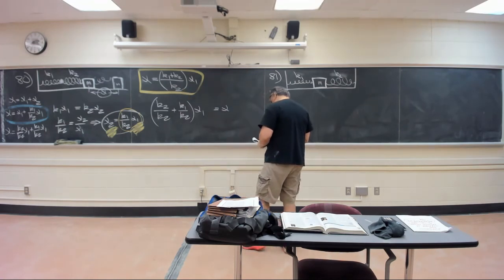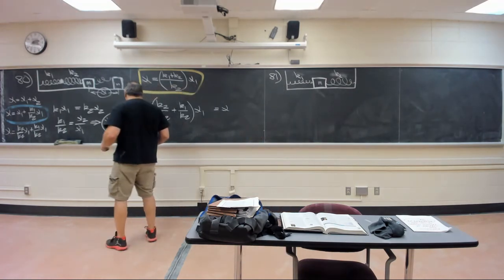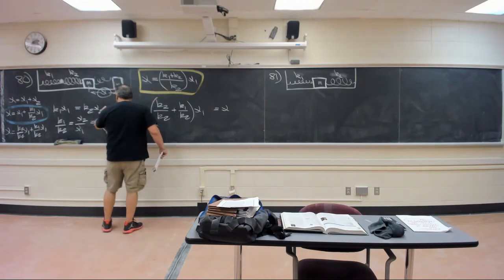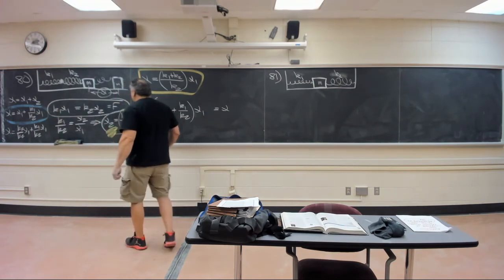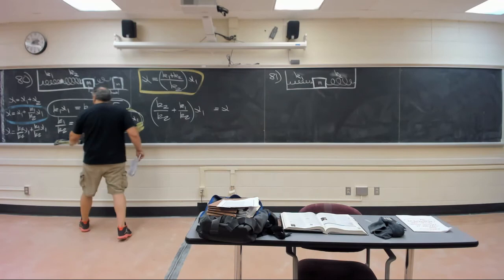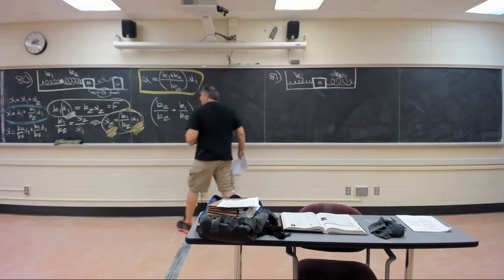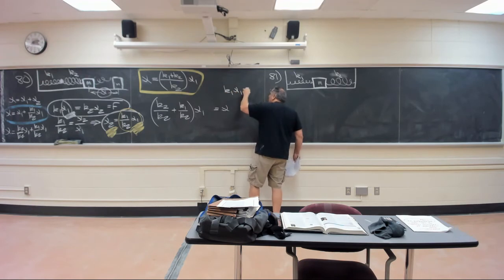Okay, let's go further. The force F, look, both of these guys are equal to a force F. Can you solve for x1 in terms of the force? Basically, you're saying K1 x1 equals K2 x2, and they both equal a force F. x1 is F over K1.